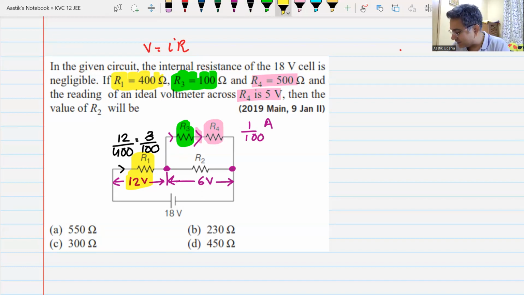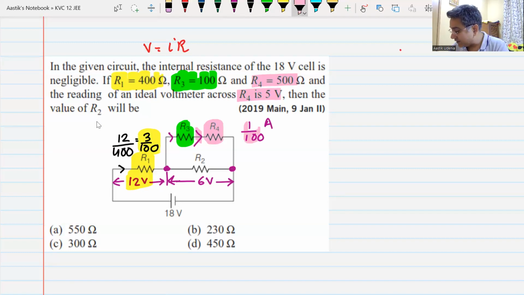The current in this total branch is 3 by 100.